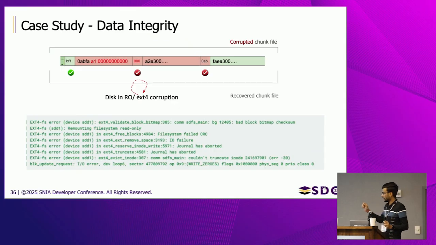Our ext4 file system gets remounted to read-only mode if there are any disk errors. This is a snapshot of the syslogs, and you can see multiple failures. There is even likely some ext4 metadata corruption here as well.